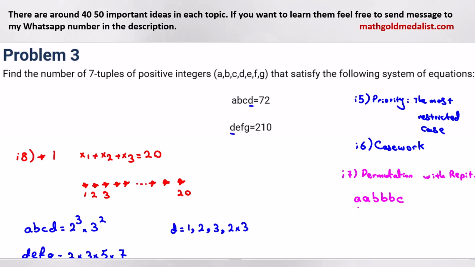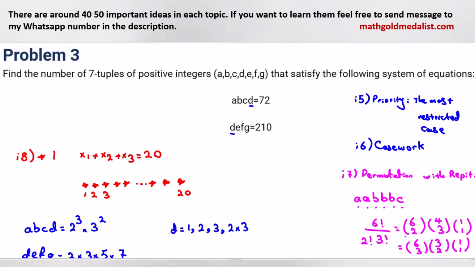You say 6 factorial, divided by 2 factorial for the two A's and 3 factorial for the B's. Or you can say 6 choose 2 for placing 2 A's, then 4 choose 3 for B's, and 1 choose 1, which you can ignore. Or first place the B's, 6 choose 3, then 3 choose 2 for A's, and 1 choose 1 for C. All of these work. It is the idea for permutation with repetition.